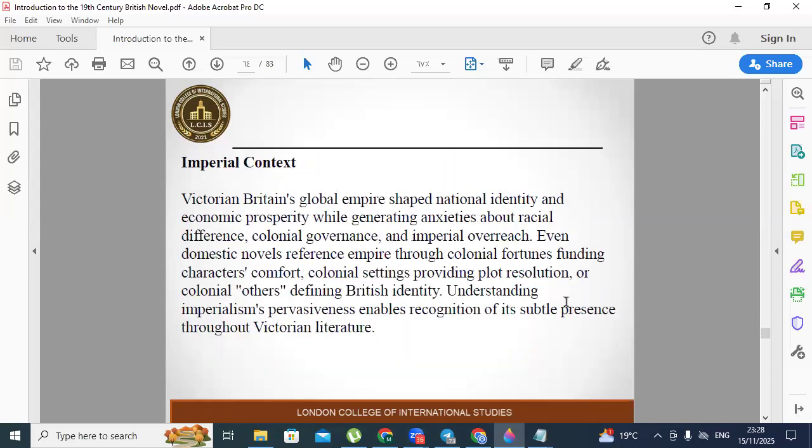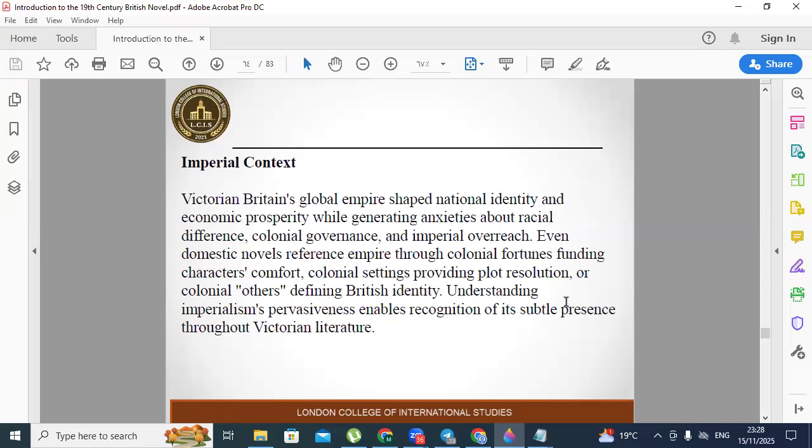Imperial context: Victorian Britain's global empire shaped national identity and economic prosperity while generating anxieties about racial difference, colonial governance, and imperial overreach.